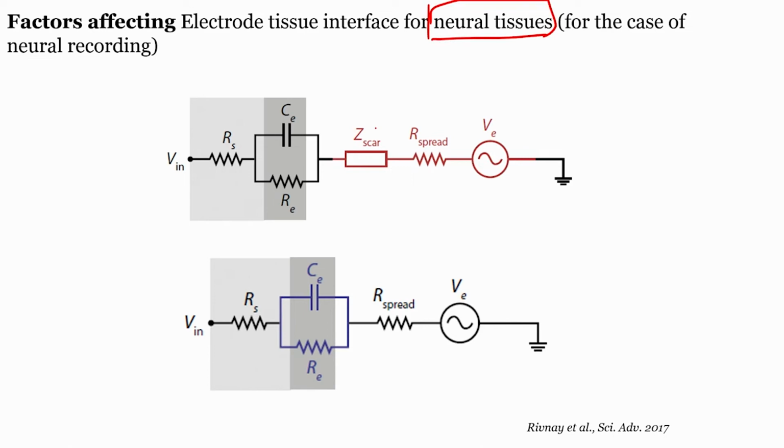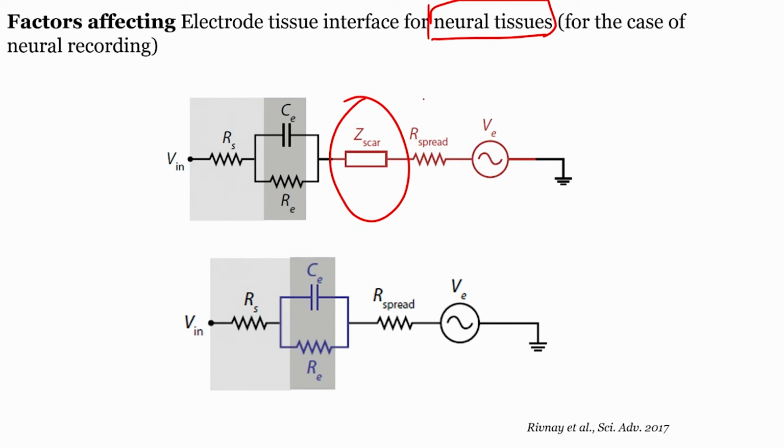So we are seeing a case, there are two equivalent circuits drawn here. In one case you can see Z scar. Apart from that, all the other things were common as the previous case in which we had seen an electrode in contact with neuronal tissue for neural recording.